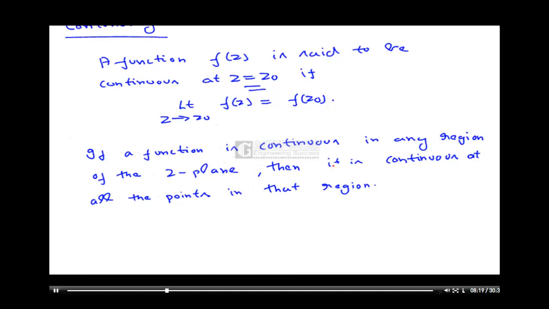Okay, this is the definition of continuity in complex variable.